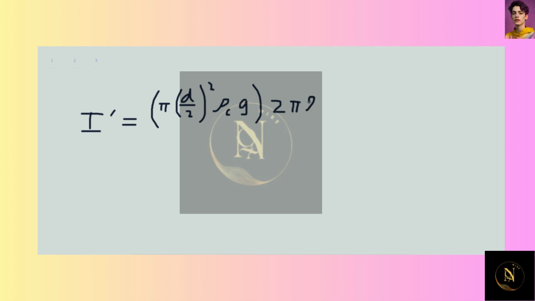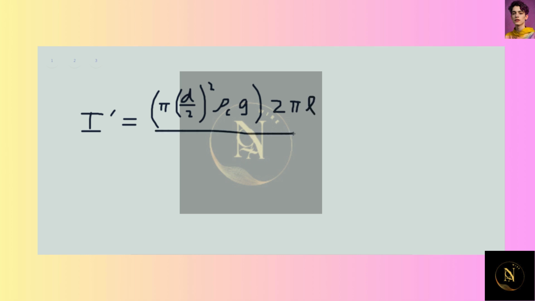I ran out of room on this page, but I'll do it on this page. We find that I prime here is equal to pi times D over 2 squared, multiplied by rho sub c times G, where G is 9.8 meters per second squared, the acceleration due to gravity. Then this gets multiplied by 2 pi L, since that was what was in the denominator on the left side of the equation.